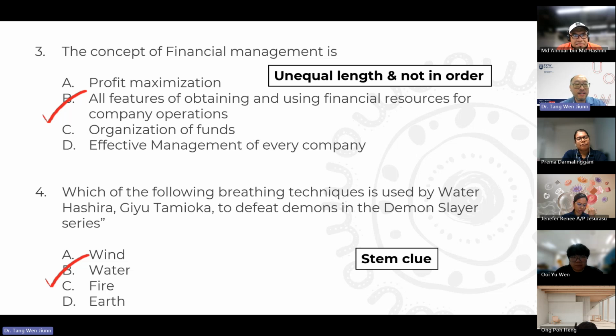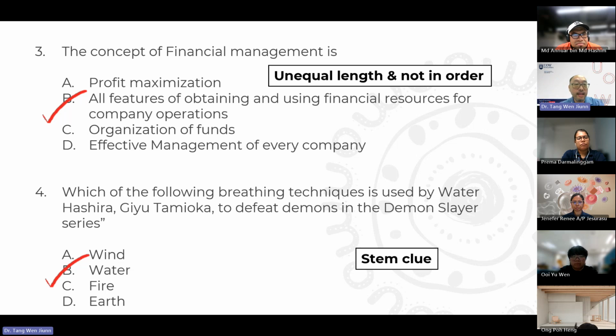So this is a common pattern we see: unequal length and not in order. Normally, if you have one option extremely long compared to the others, students will go for that answer because it is the odd one. And if your answers have different lengths, normally we arrange them in order, the shortest on top and the longest at the bottom, so that it has a pattern.